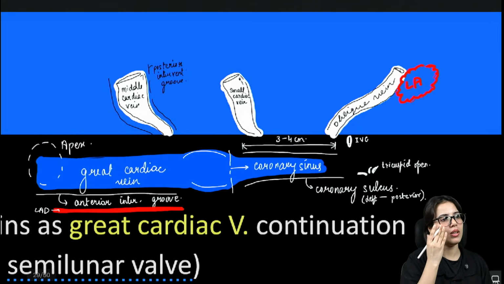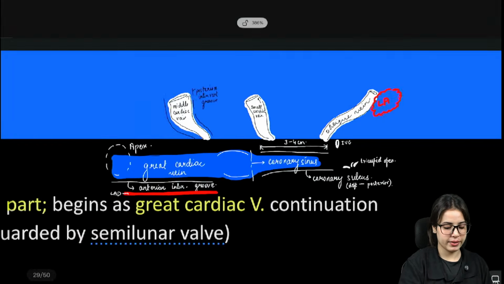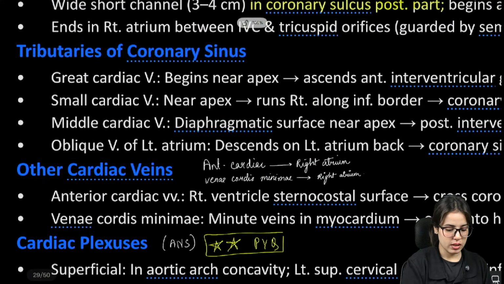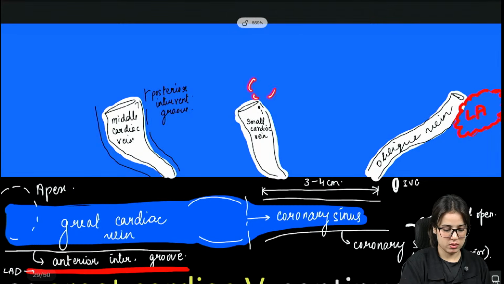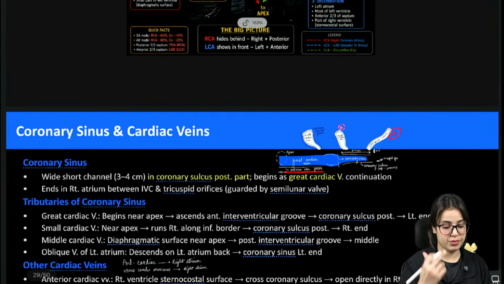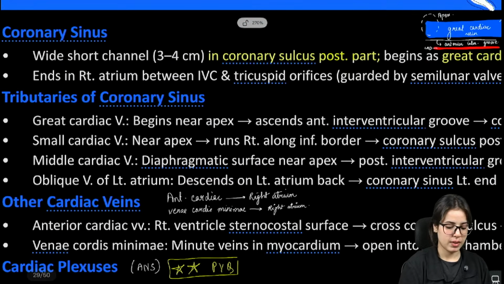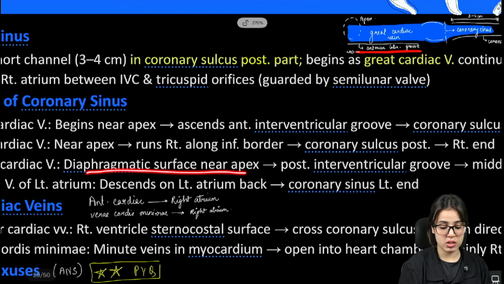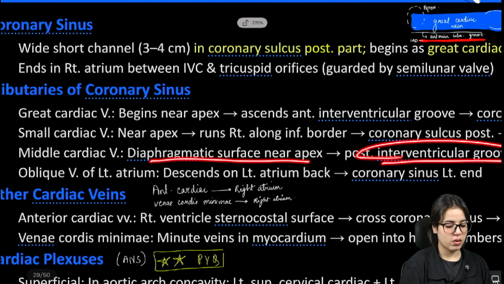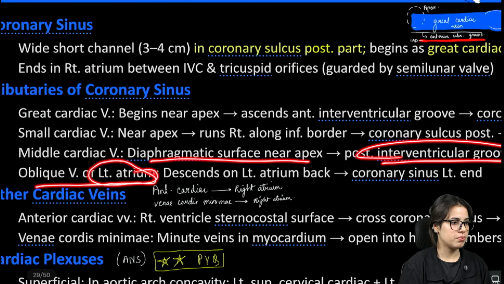The right atrium. Just word the diagram out. Near the apex, you can write here near apex just to engrave it in your head. Then it runs along the inferior border, the middle cardiac vein near the posterior interventricular groove, and the oblique vein of the left atrium.